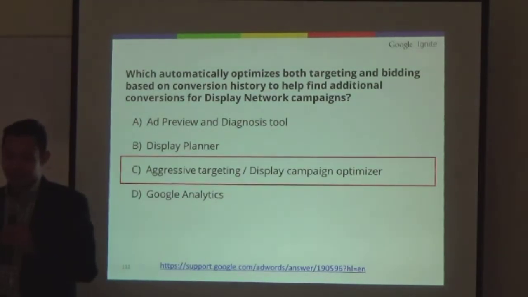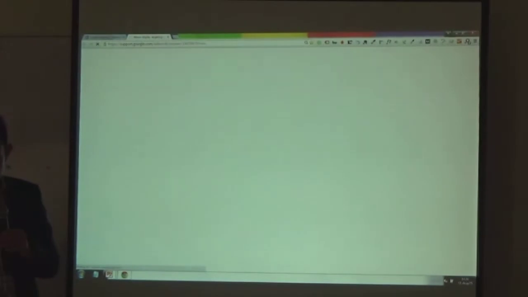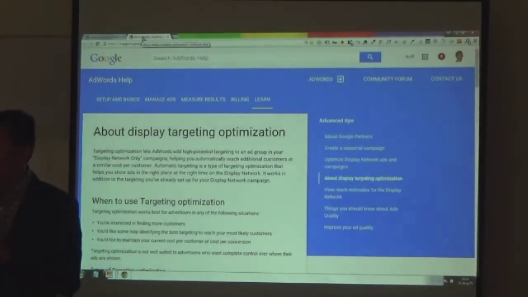So aggressive targeting is one of the key things. Now, there's a link here that you should actually read. Since the new term targeting optimization is being used, they have changed the term display campaign optimizer.